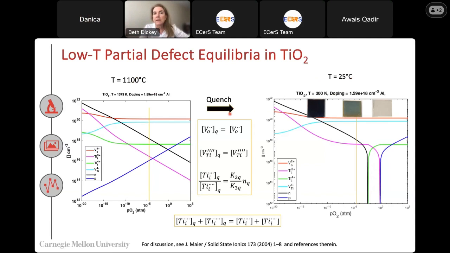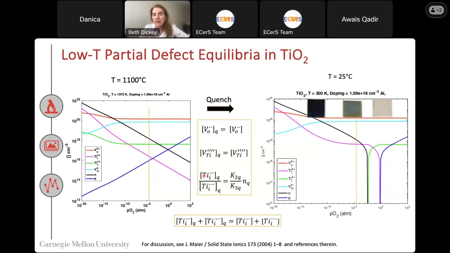And so if you make assumptions that, for instance, in this case, below a certain temperature the oxygen vacancies can no longer move, I'll leave that concentration at that of the high temperature equilibrium state, but electronic charge can maybe move around.